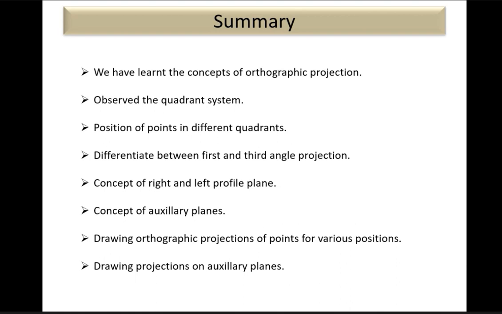So whatever we are doing till now is called orthographic projections. In orthographic projection, our projector lines are always perpendicular to our projecting planes, whether it is an auxiliary plane, profile plane, or the principal planes. Drawing projection on auxiliary planes is also covered in this particular subject.